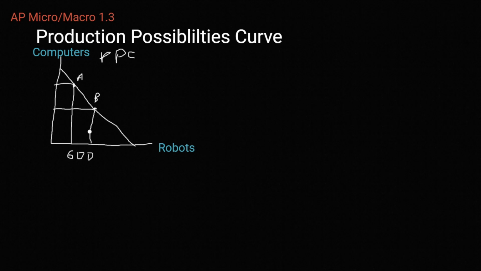And so if this is 600 and this is 800, you can produce 600 robots and 800 computers, or I don't think these numbers would check out, but the idea is here you could produce 0 robots or 1400 computers.